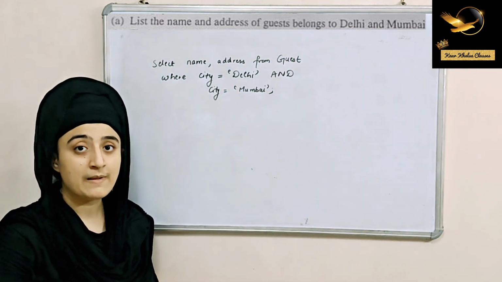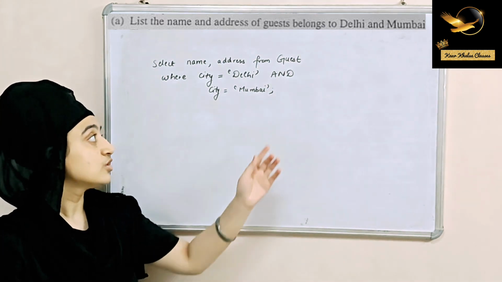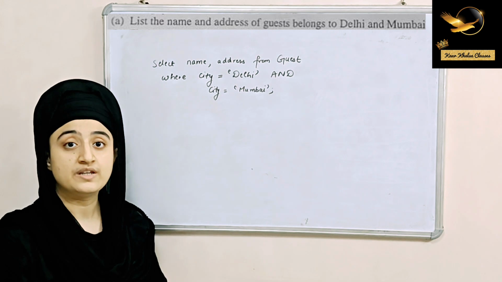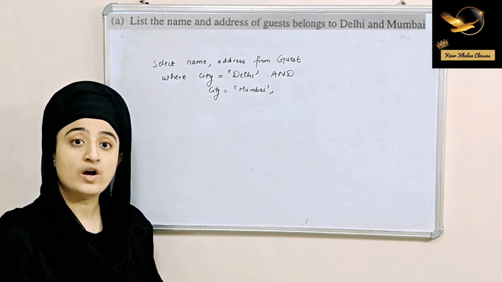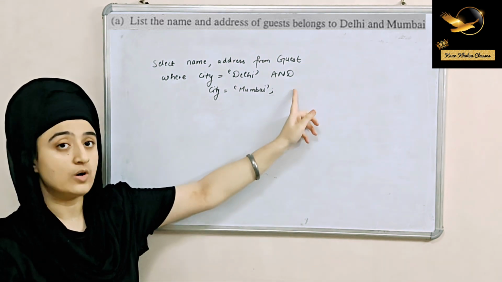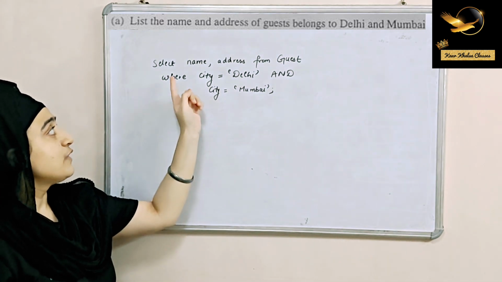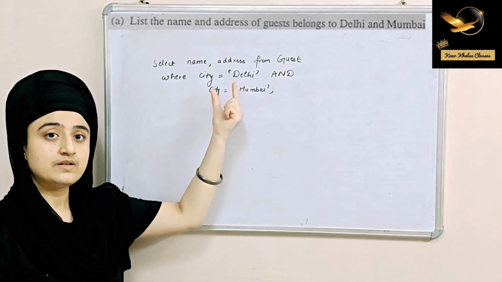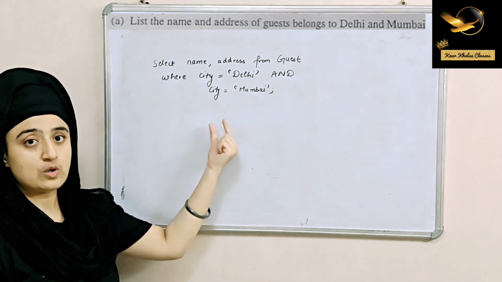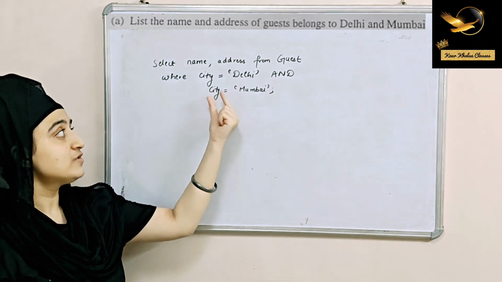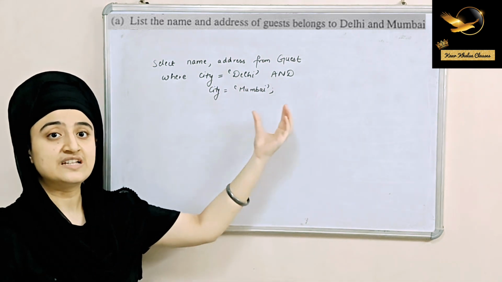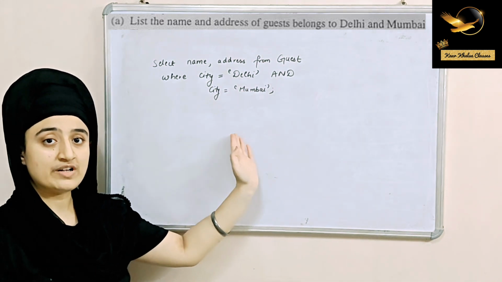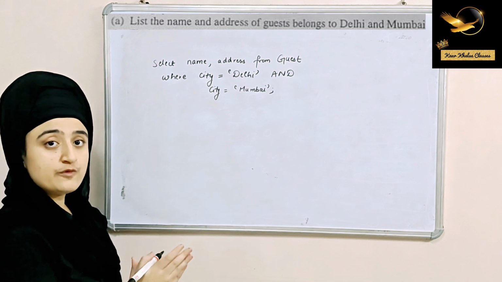We have to remember that here it is given and, so we have to write and only. If in case it is given or, then we have to write or. So we select column from table and then apply the condition using the where clause, where city is equal to Delhi and city is equal to Mumbai. It is already given in the question. So A part is done.